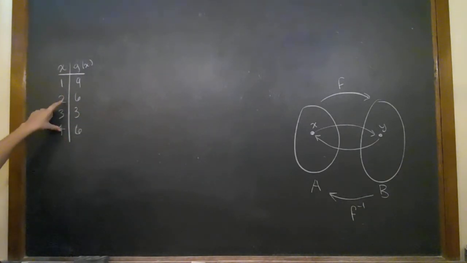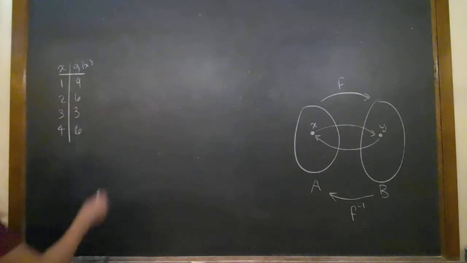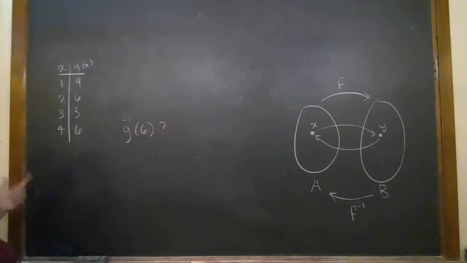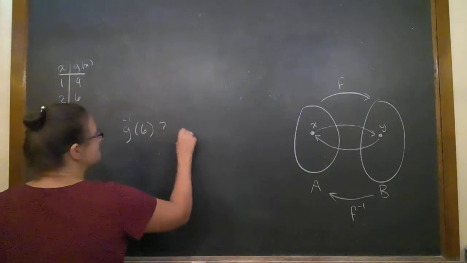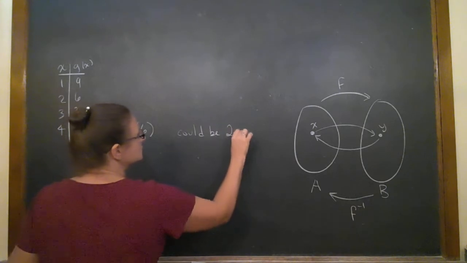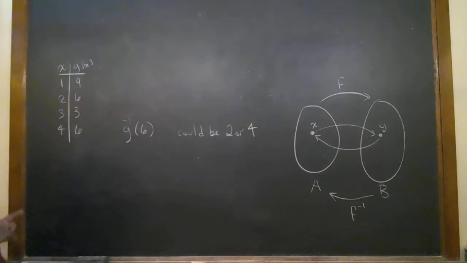But my way back isn't a function, because if I'm going to ask you what g inverse of 6 is, I have two possible answers. It could be 2 or 4. So I can't define g inverse as a function.